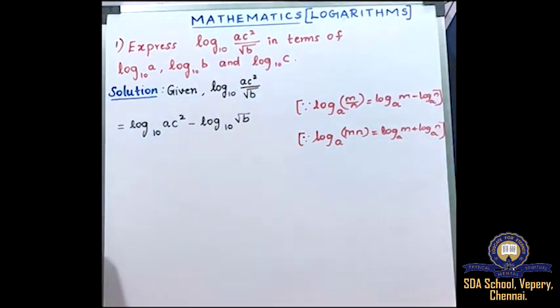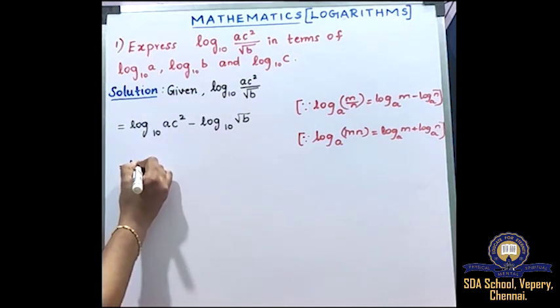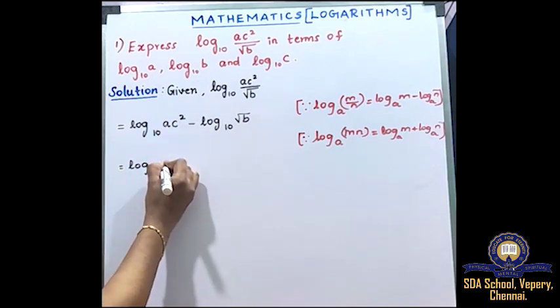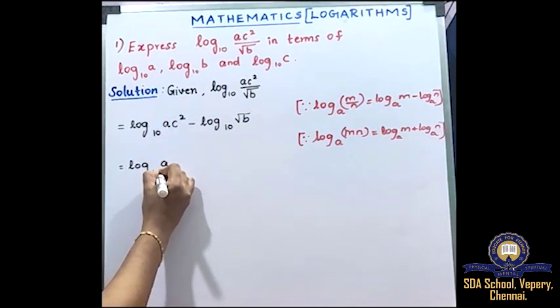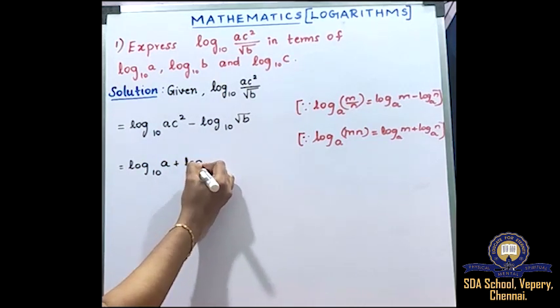So, using this law in the first term, we will get log m to the base a, your m value is a to the base 10 plus log c to the base a.